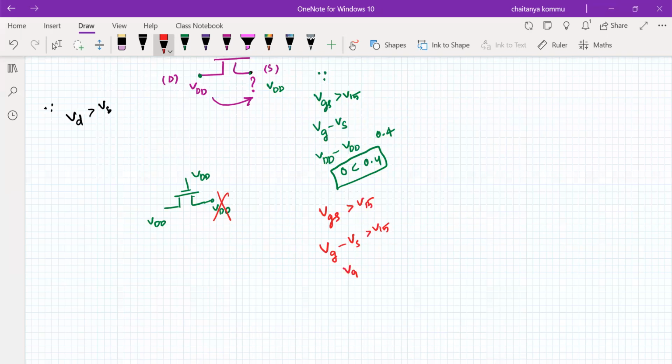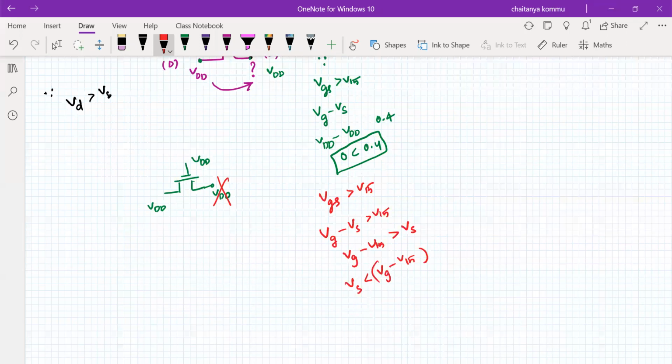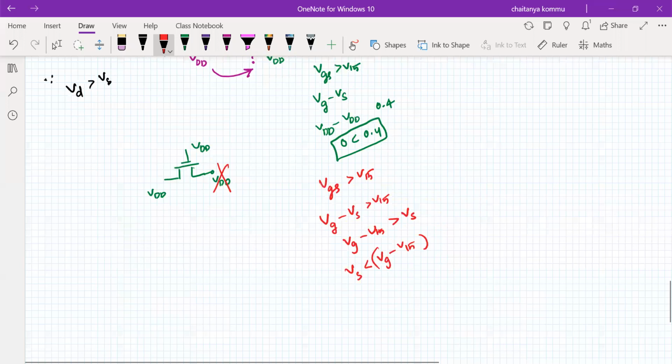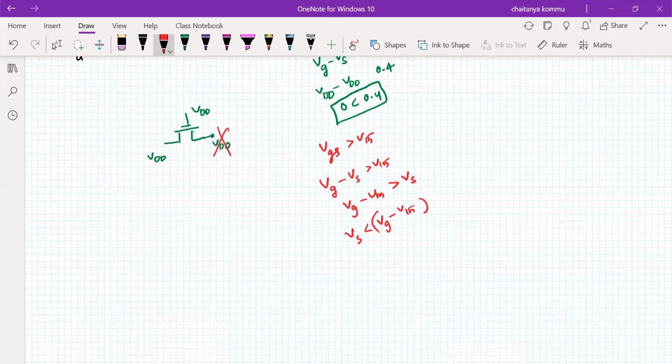Therefore, VG minus VTH is greater than VS. That means VS is less than VG minus VTH. Agreed? Whatever source voltage we observe at this node should be one threshold voltage less than the gate voltage.